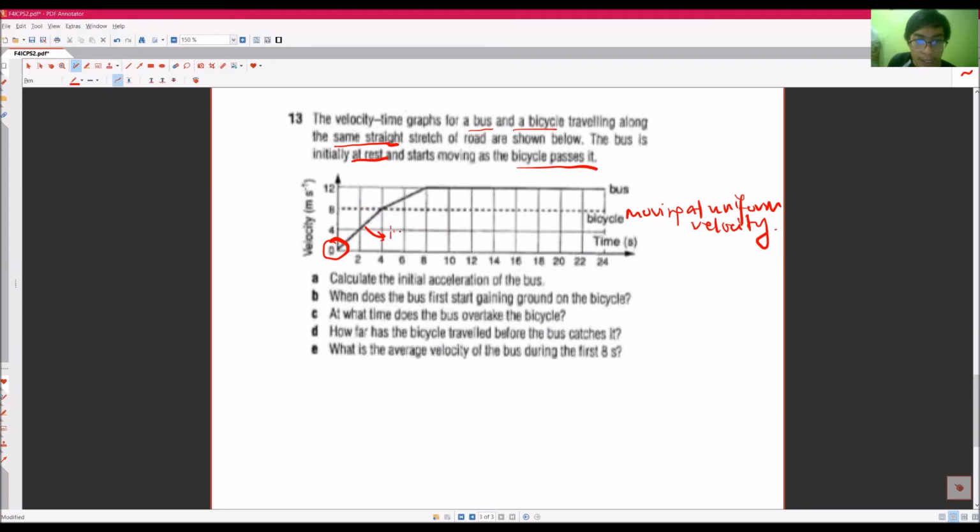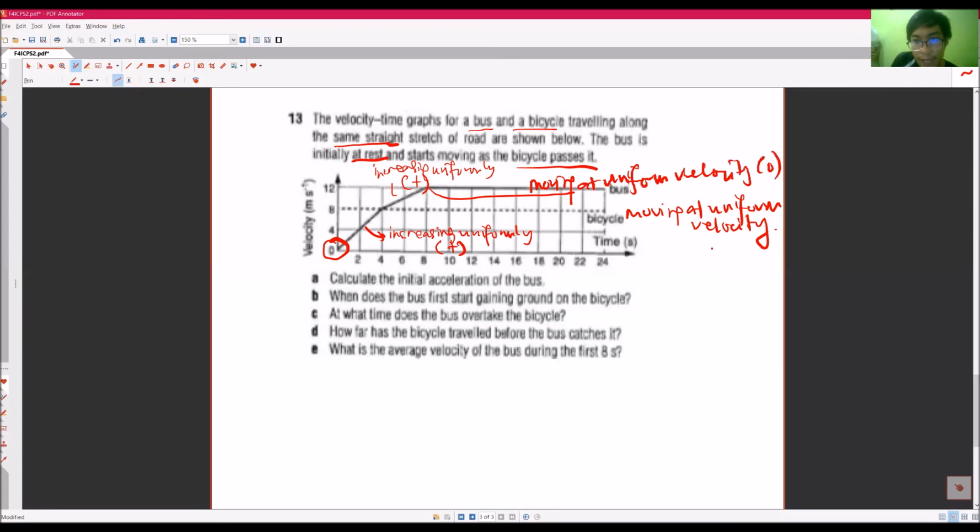So increasing uniformly the velocity, positive direction, positive acceleration, and then also increasing uniformly here. Positive direction, positive acceleration, and moving at uniform velocity for the rest of the journey.